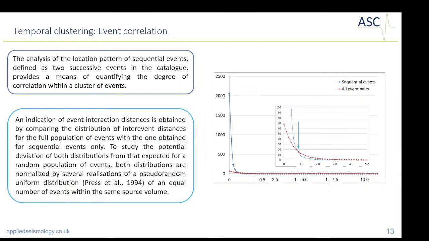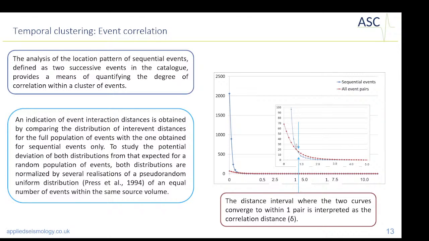So, an indication of some degree of correlation between our events, some degree of interaction between them, and what would be the interaction distance between them, is looking at the curves of separation between all event pairs, here in red, and sequential events, plotted here in blue.